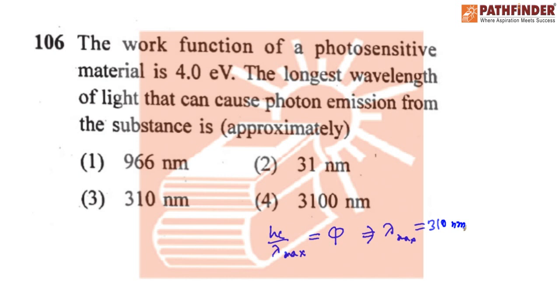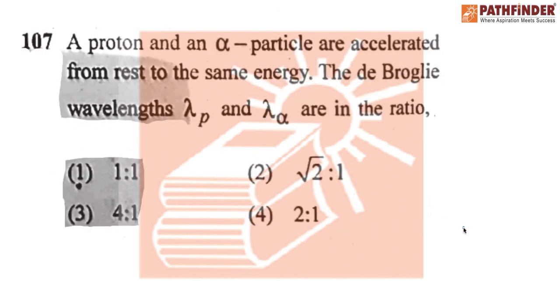Okay. For the next one, a proton and alpha particle are accelerated from rest to the same energy. Compare the de Broglie wavelengths. Okay, so de Broglie wavelength is equal to h by p, so it is proportional to 1 by p, and p is equal to root under 2m energy. That means p is proportional to root under energy. So lambda will be inversely proportional to root under energy.